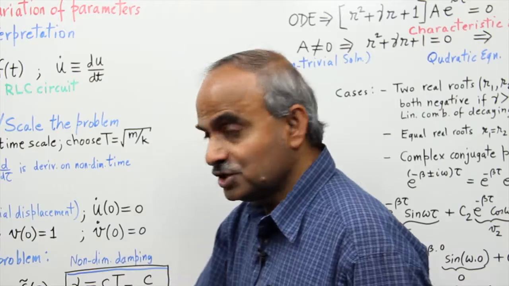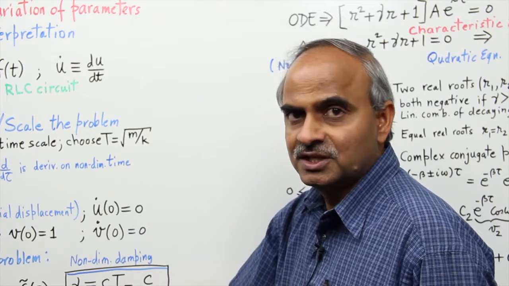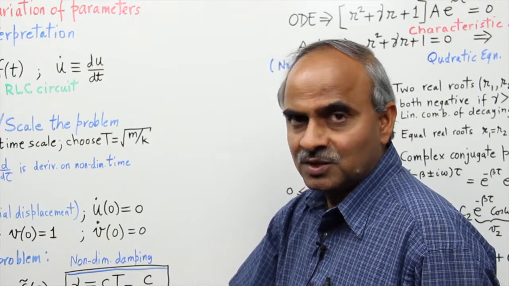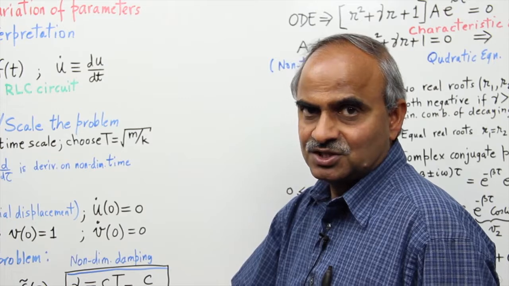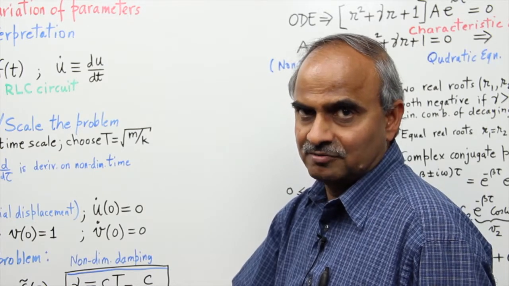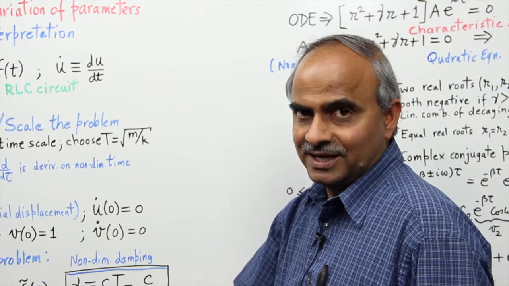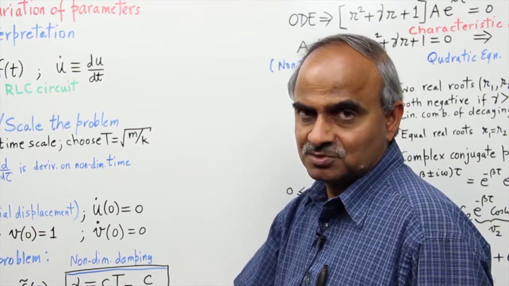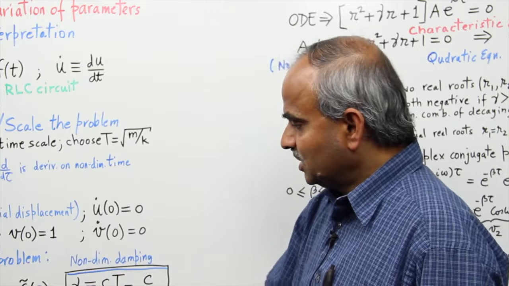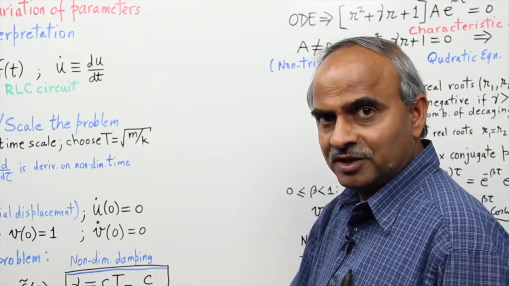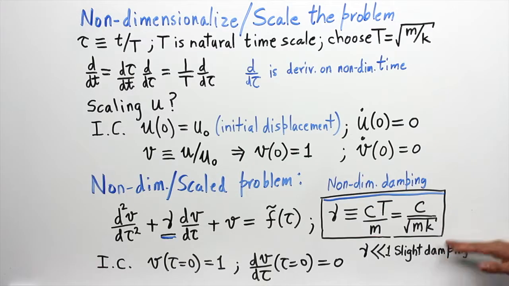Originally, if we go back and see, as the problem was originally stated, we had parameters: the mass, the spring constant, and the dashpot or the damper value c. We had m, k, and c, and we had the initial displacement u0. We had 4 parameters, but by scaling the problem, what we are finding is that the solution depends only on this combination of variables.